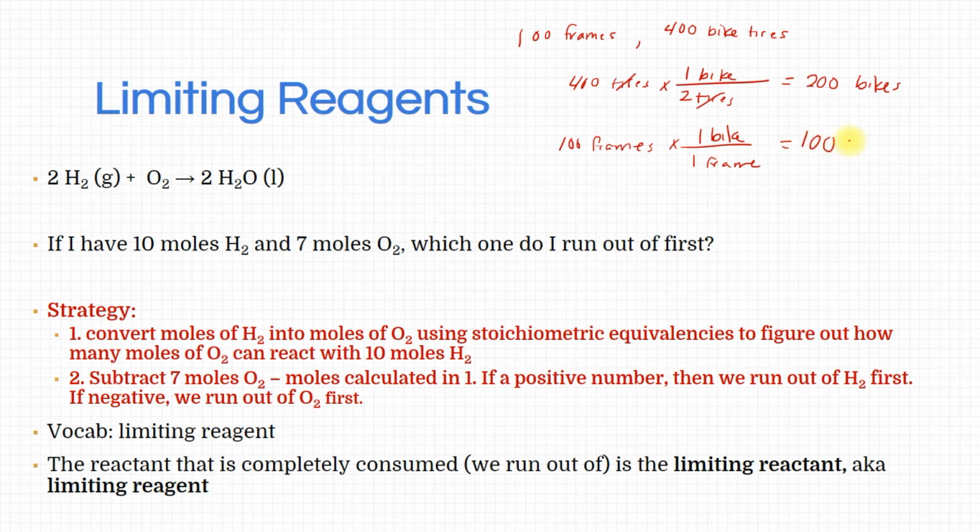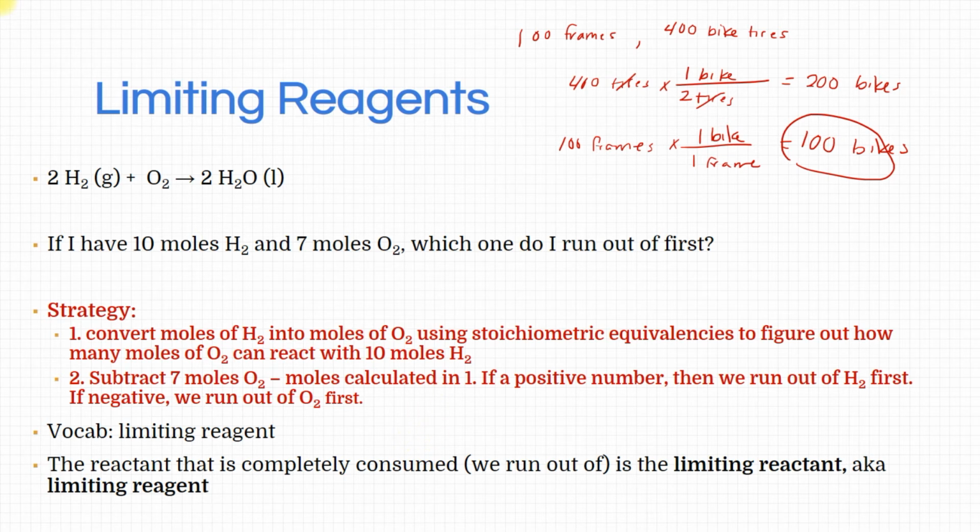So I can make only 100 bikes. Both of these statements can't be true. I can't make 200 and 100, because if I make 100 bikes with the frames, I've used up all my frames. I don't have anything left to put the tires onto. So in reality, I can only make 100 bikes. I've run out of my limiting reagent, my frames in this case.